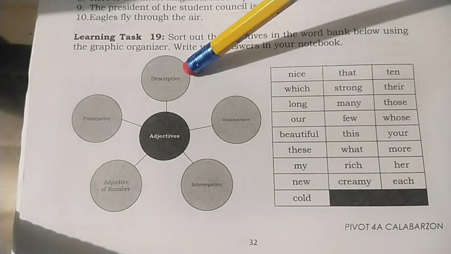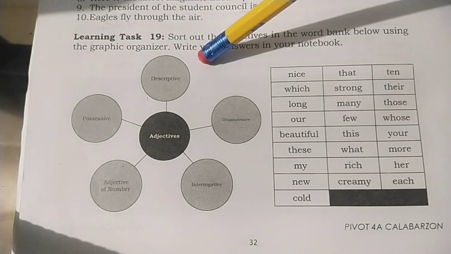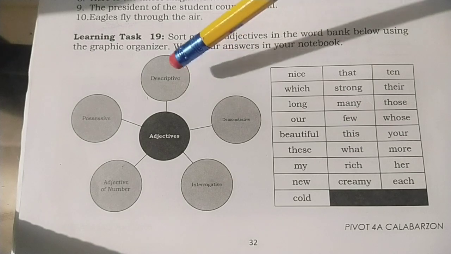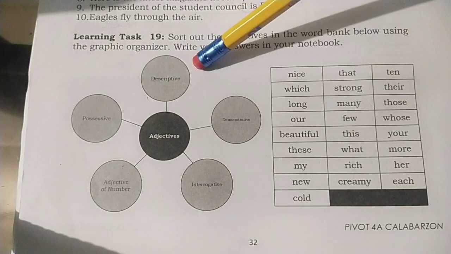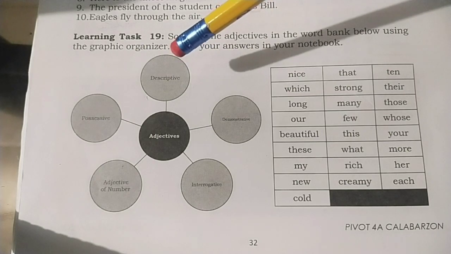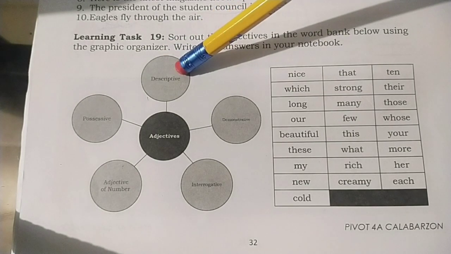So, yung mga beautiful, sexy, nice, artificial, Japanese, yung Japanese, a Japanese lady. Oh. So, yung Japanese na yun is adjective yun, and it is a descriptive adjective.